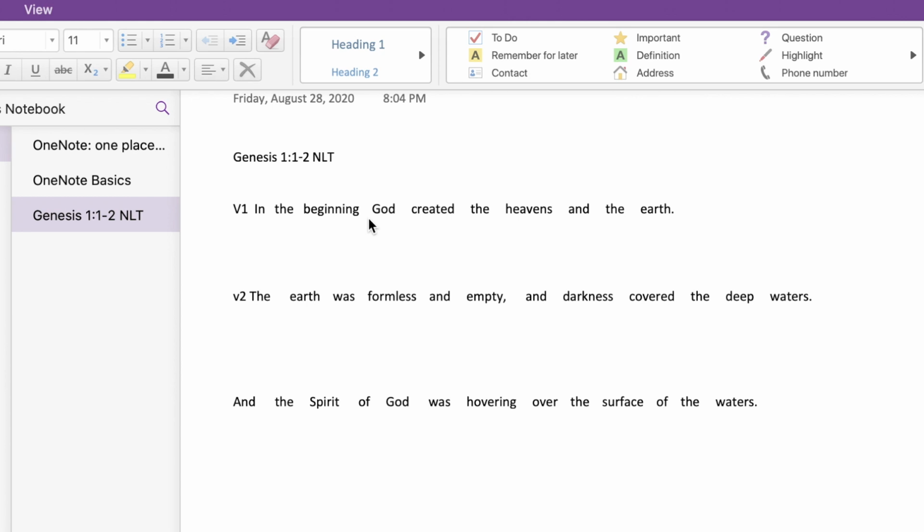What's happening is, in the beginning, God created the heavens and the earth. So we can formulate some kind of answer to the why question: it tells us who created the heavens and the earth, and it also tells us what God created in the beginning.